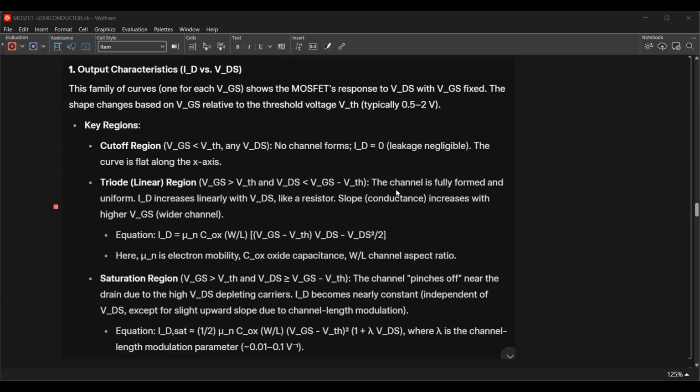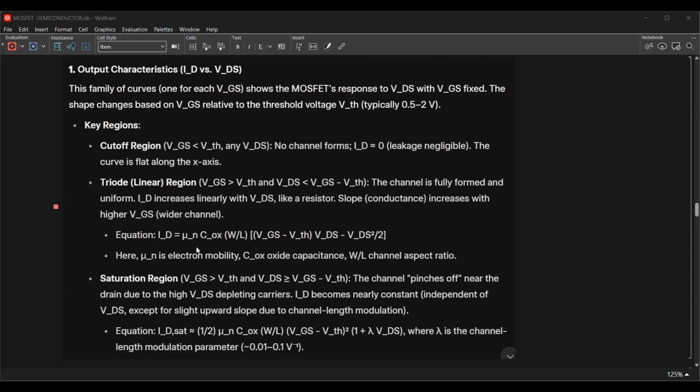So the channel is fully formed and uniform. The drain current ID increases linearly with VDS, like a resistor. Its slope, the conductance, increases with higher VGS, a wider channel.